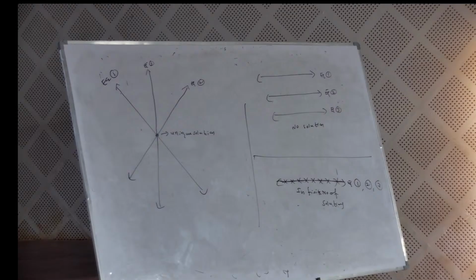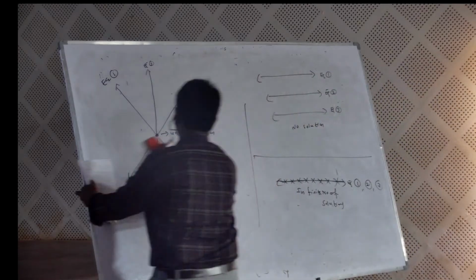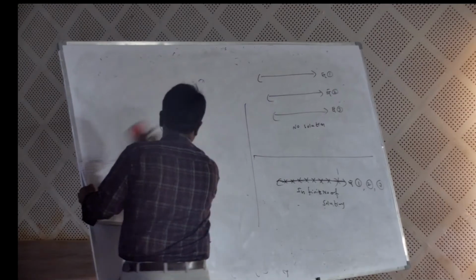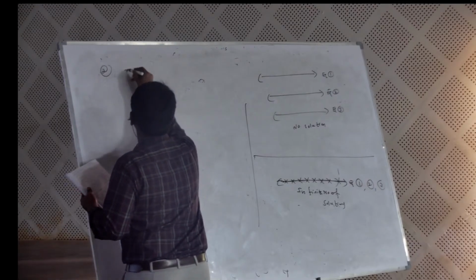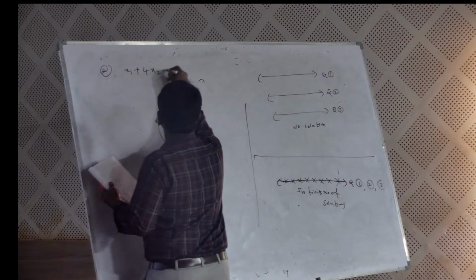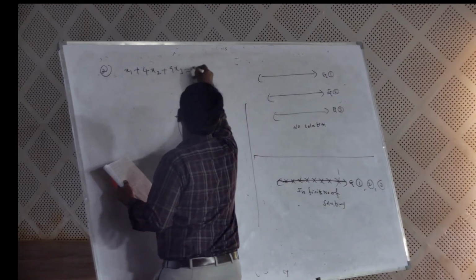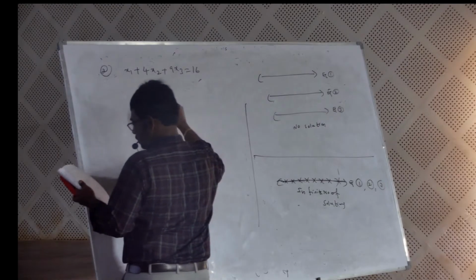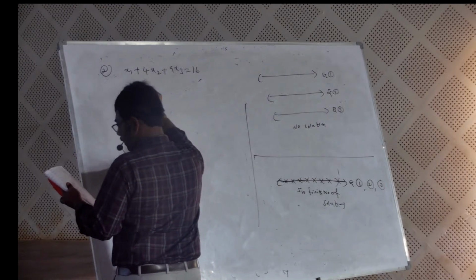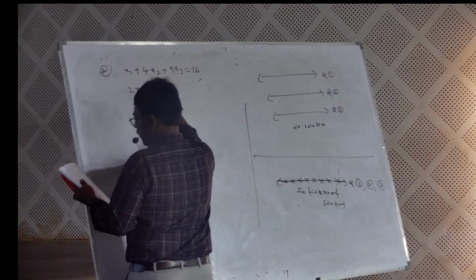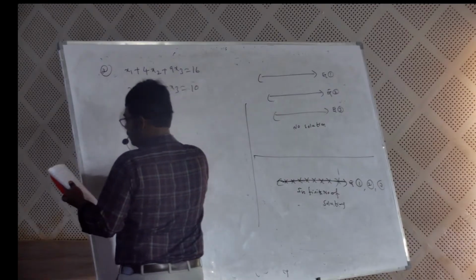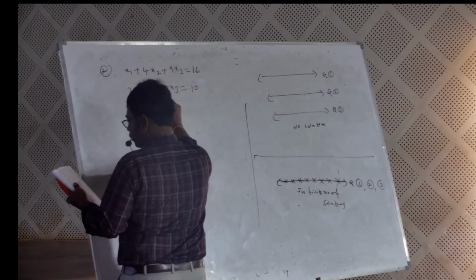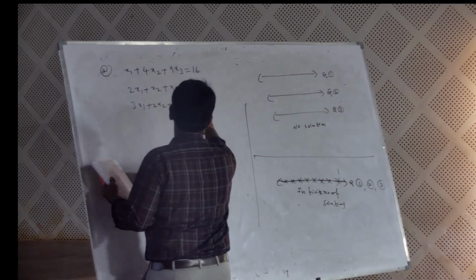Right. Solve the equations. x1 plus 4x2 plus 9x3 equal to 16, 2x1 plus x2 plus x3 equal to 10, and 3x1 plus 2x2 plus 3x3 equal to 18.